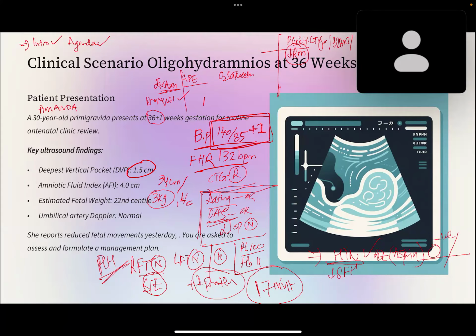I will do the CTG, which is normal. I would plan to deliver her around 36 to 37 weeks, if there is only isolated oligohydramnios and the Doppler and CTG remains normal.